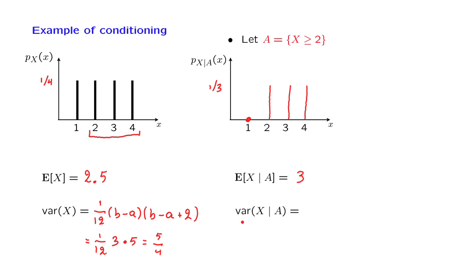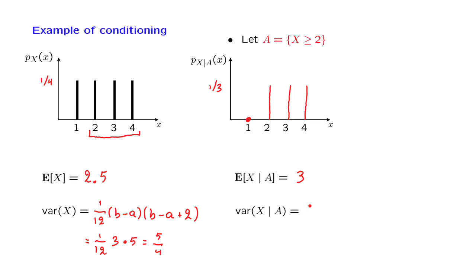This is a notation that we have not yet defined, but at this point it should be self-explanatory. It is just the variance of x, but calculated in a conditional model using conditional probabilities. We can calculate this variance using once more the formula for the variance of a uniform distribution, but we can also do it directly.